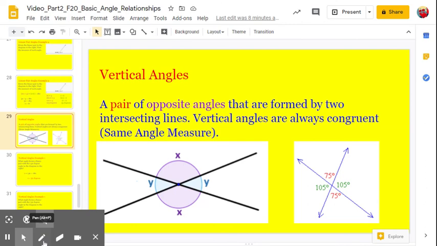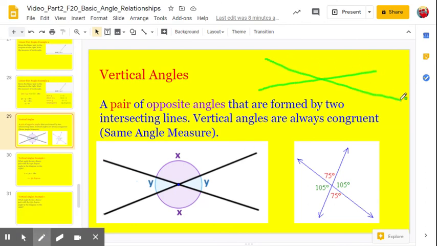So if you think about this, anytime you have two lines that cross, it creates 1, 2, 3, 4 angles. The angles that are opposite each other are what we call vertical angles. So this one and this one are vertical, and this one and this one are vertical.